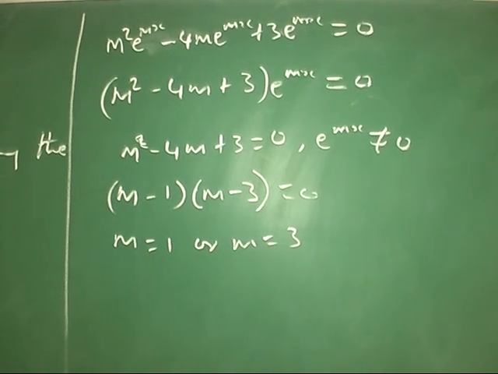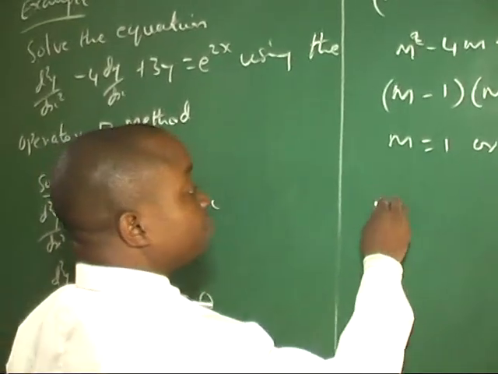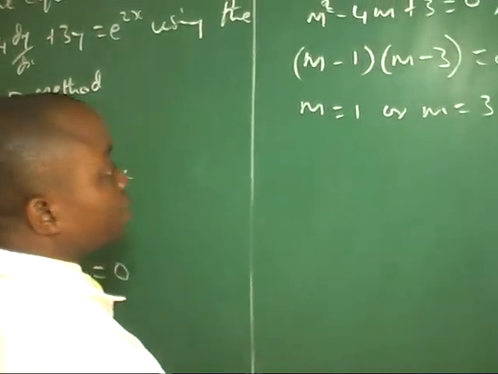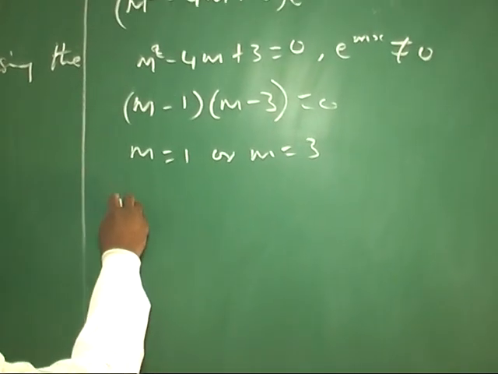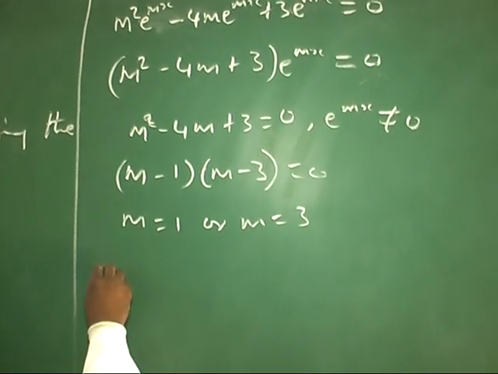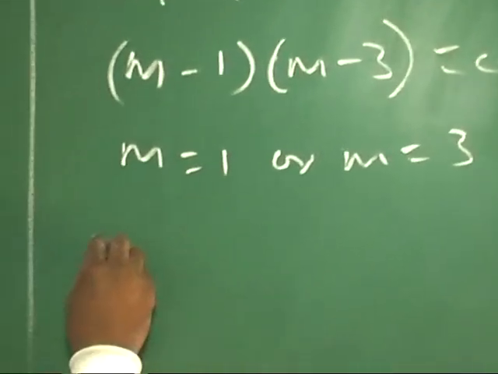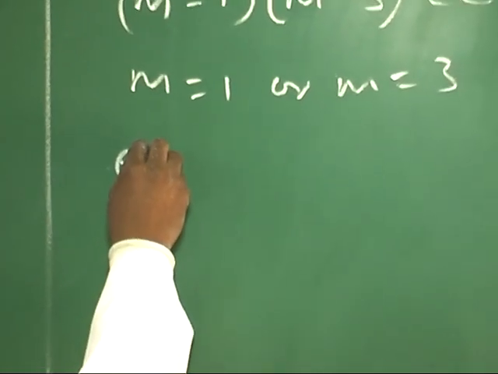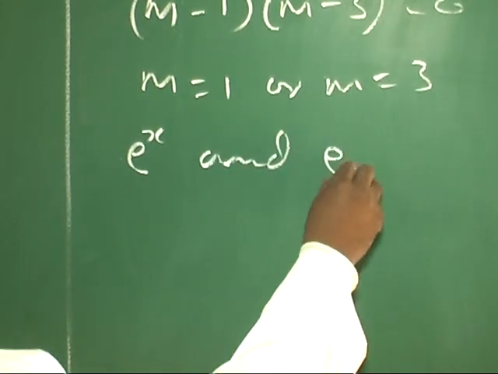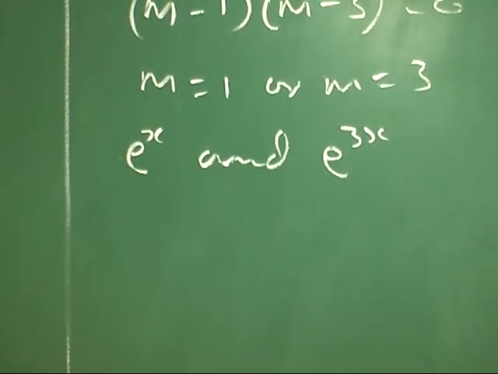So we have that. Then we see that the two linearly independent solutions will be exponential x and exponential 3x.